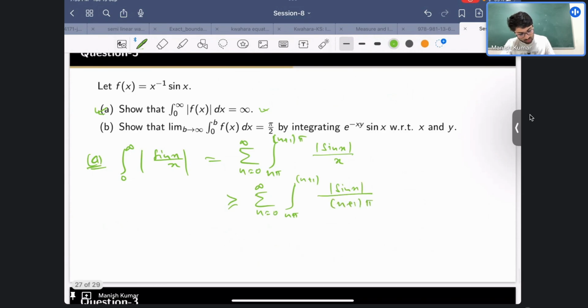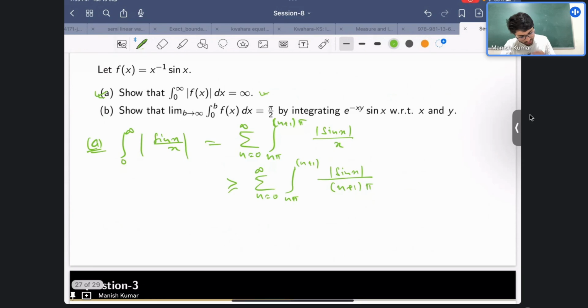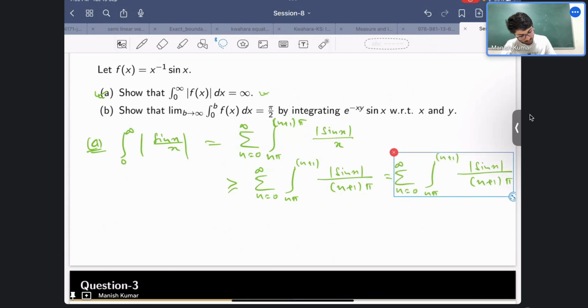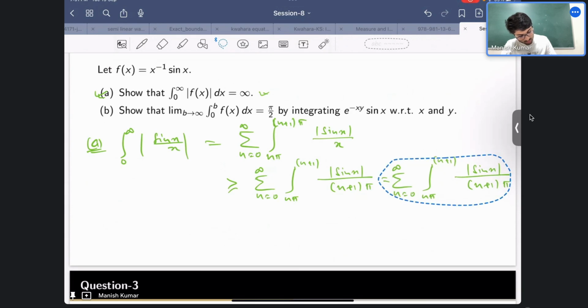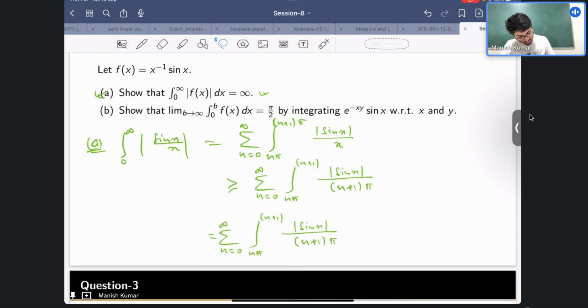And this sin x function, if you integrate, this you can take out, so only you need to integrate mod sin x.